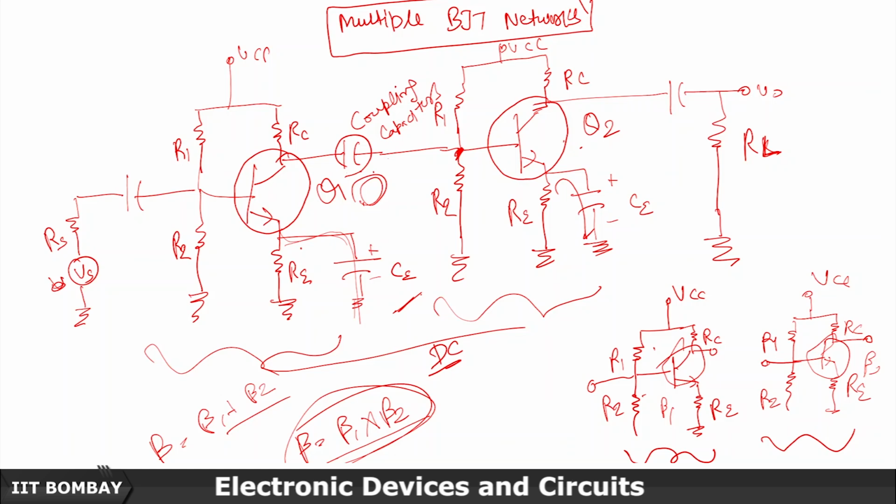So we will discuss a couple of these cases, and then we will finish for today. The first one is the Darlington configuration, named after its inventor, Dr. Sidney Darlington. Here two BJTs of the same type are used.